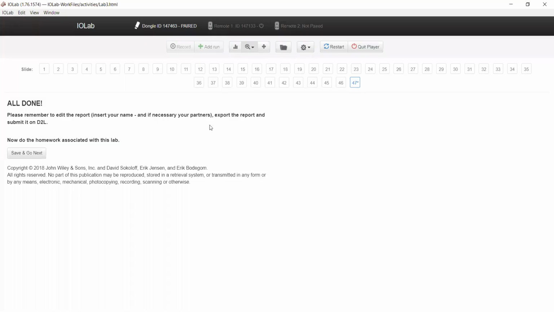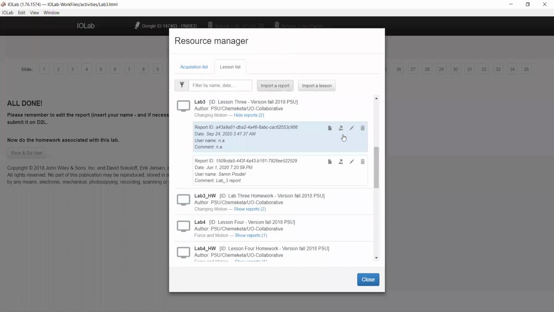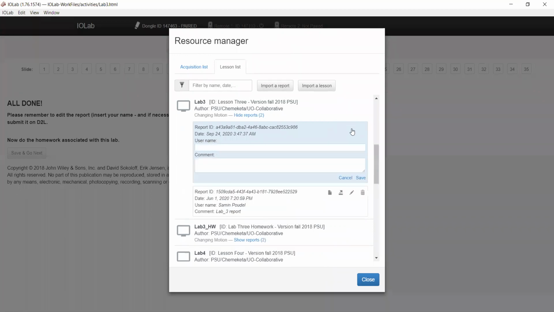Okay, that concludes our lab. You may save and go next. If you want to create the report in PDF format, you can edit and write your name, then save, and then export to PDF.